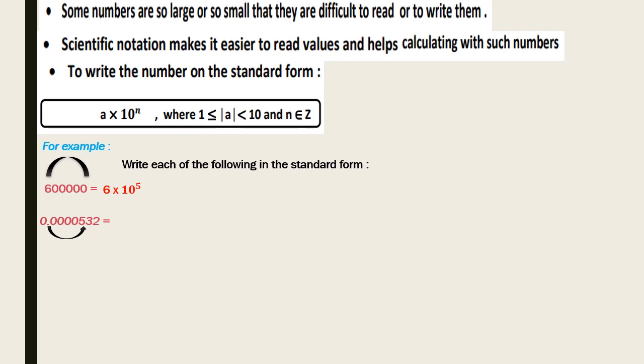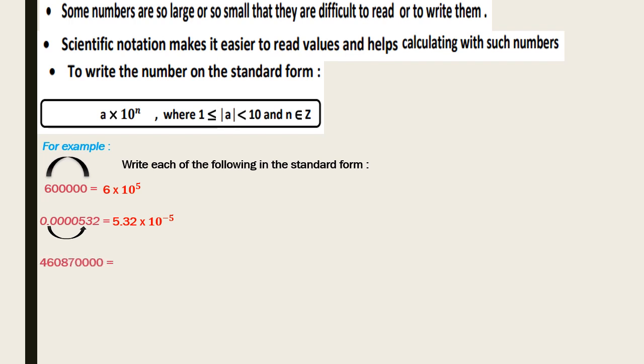So it will be 5.32, and we move to the right 5 steps, so it will be power negative 5. Again, first example, you move from right to left, the power is positive. But second example, you moved from the left to the right, the power will be negative.